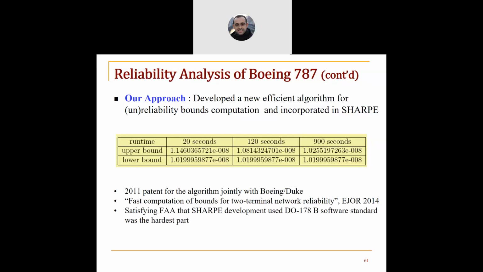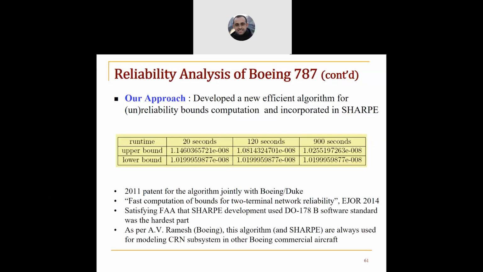So I went through, in my mind, all the different things that were done with respect to SHARPE, and I put it together in what I call the validation document, and somehow the FAA was able to say okay with it. And now they tell me that these algorithms and SHARPE are always used for modeling the current return network subsystem of any other Boeing commercial aircraft since the Boeing 787.